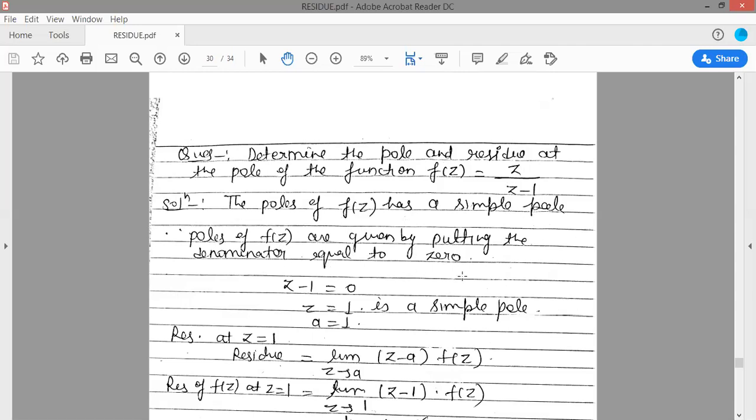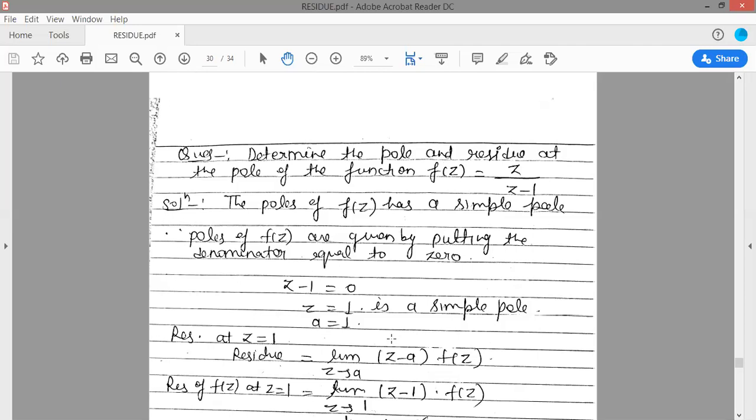So z equal to 1 is a simple pole. We can see here there is only one factor, no other. So this is a simple pole, or pole of order 1. So if z equal to 1, you are getting your singular point a equal to 1.